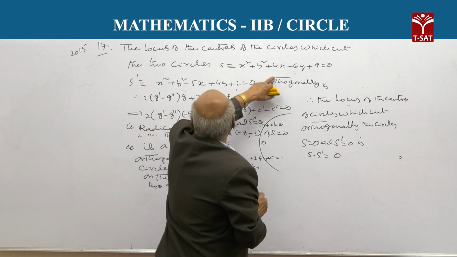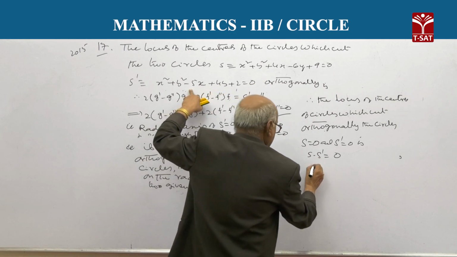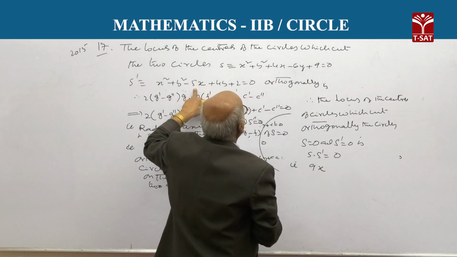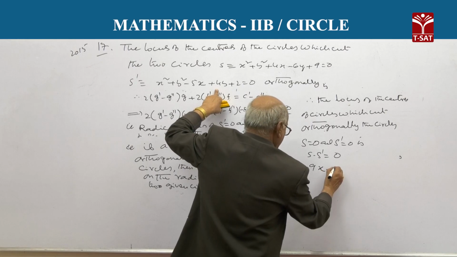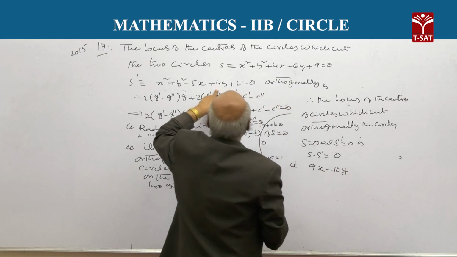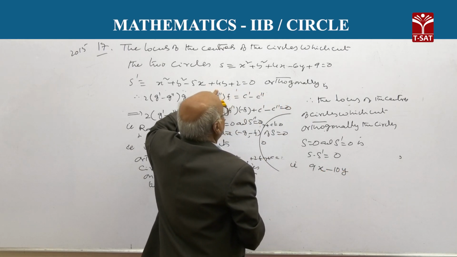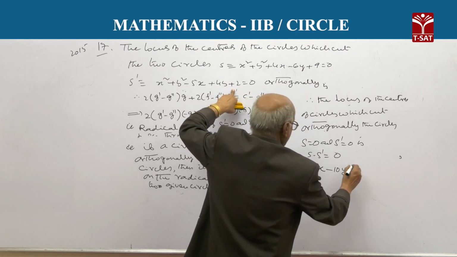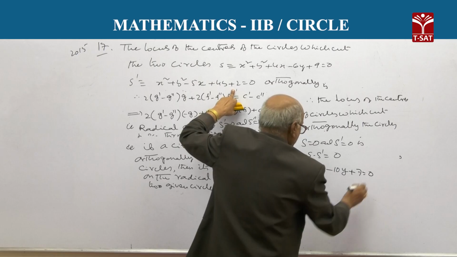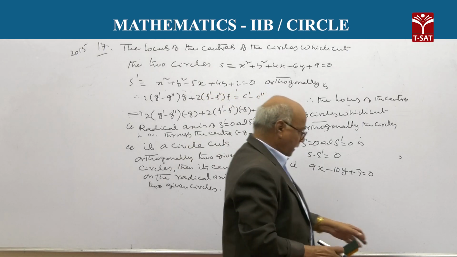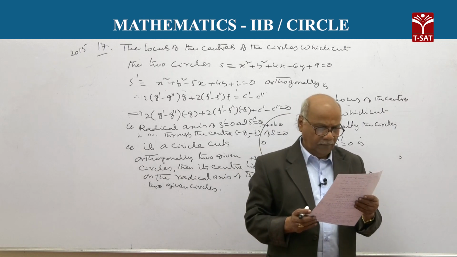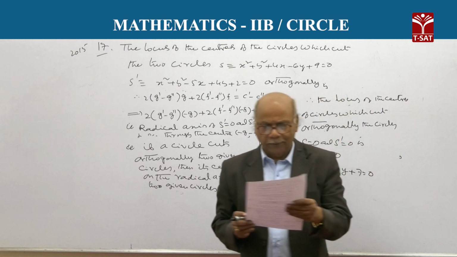So S - S' means what you look at is 9x - 10y + 7 = 0. That is the required locus, and the correct option is number 2.